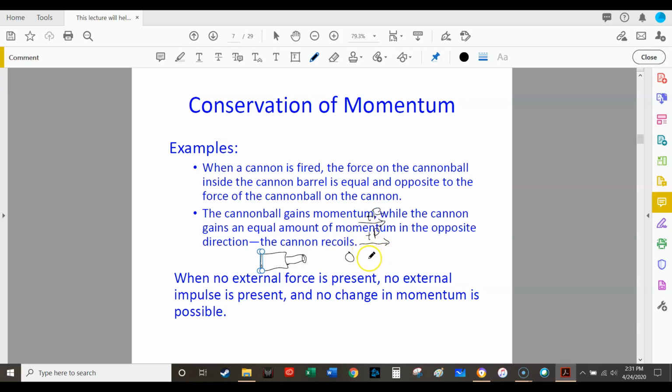Okay, so even though the momentums are equal and the forces are equal, the velocity of the ball is going to be huge, right? Because it's got a little itty-bitty mass.